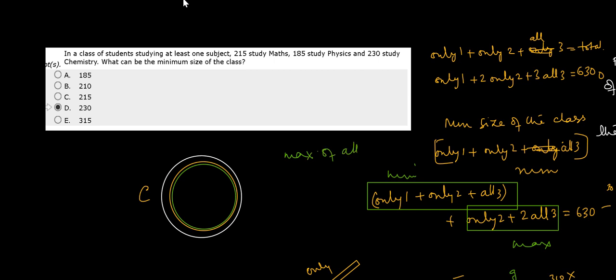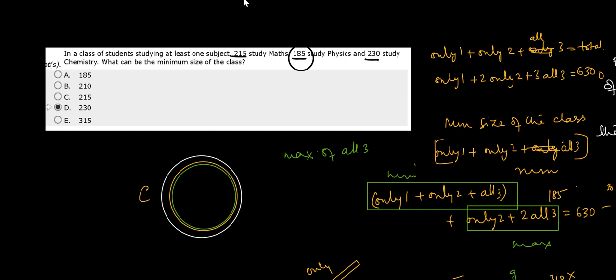Maximum of all 3 would be the minimum of these three numbers, 185. Right? Yes, correct. So maximum of all 3 is 185.